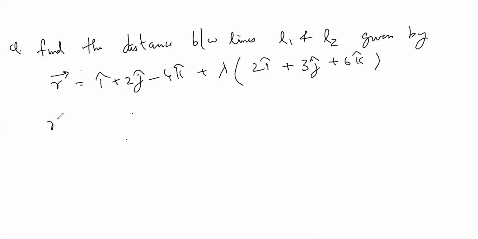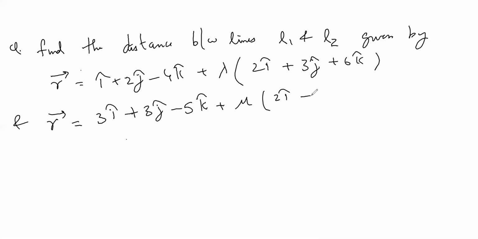And one more, r vector is equal to 3i plus 3j minus 5k plus mu into 2i plus 3j plus 6k.